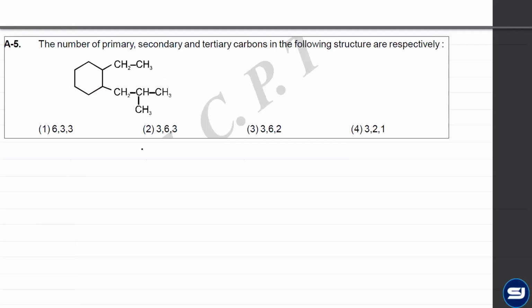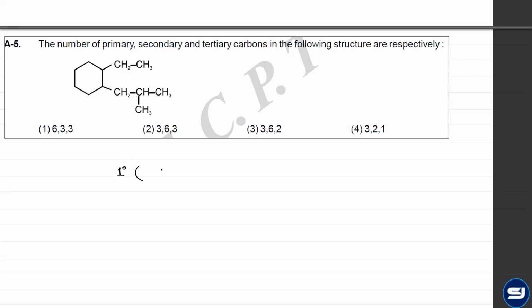Next, the number of primary, secondary, and tertiary carbons in the following structure are respectively. Now, if you look at the structure, it's a hydrocarbon wherein the carbon atoms are joined by single bonds. So basically, it is having the structure with respect to an alkane. Now, alkane as a hydrocarbon में, a primary carbon is that carbon which is attached to only one carbon.